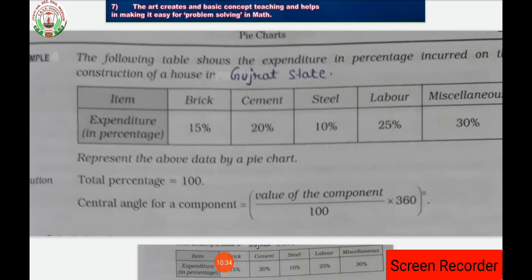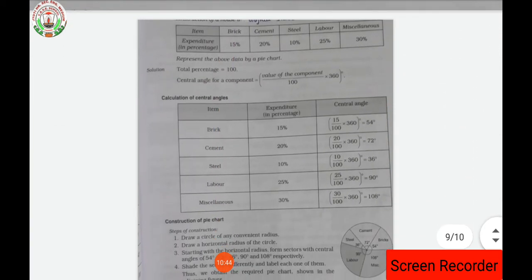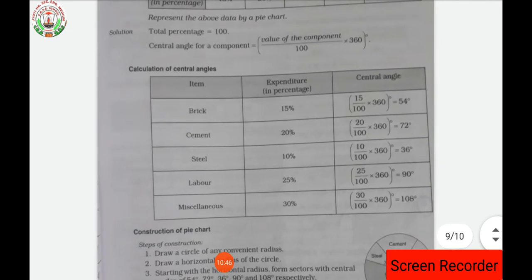Expenditure in percentage: 15%, 20%, 10%, 25%, 30%. The above data which I have given in the question, which your class teacher will also give, you have to write. Okay, the same. So here the solution is being given by me. Just copy these solutions in your project file, no other thing you have to do.